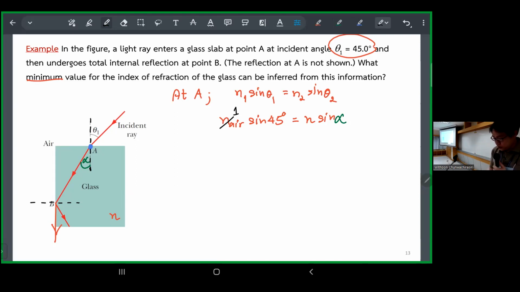But there are still two unknowns in this equation, n and alpha. That's fine. You leave this as equation number 1.